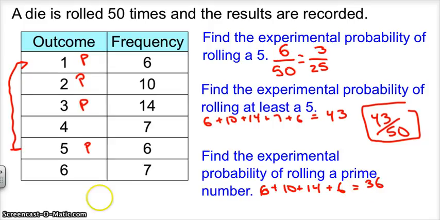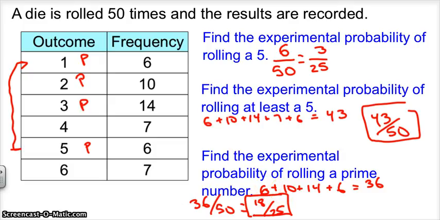And that's going to be 36 out of 50, which simplifies, take a 2 out of the top and bottom, that's going to be 18 out of 25. Cannot get any simpler than that.